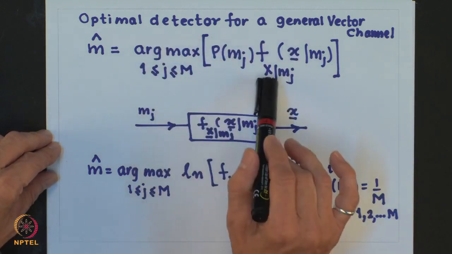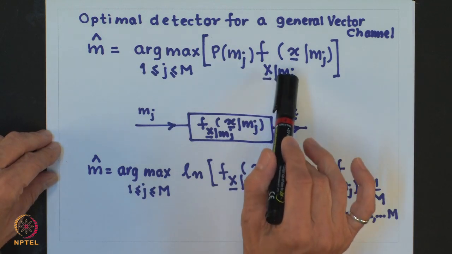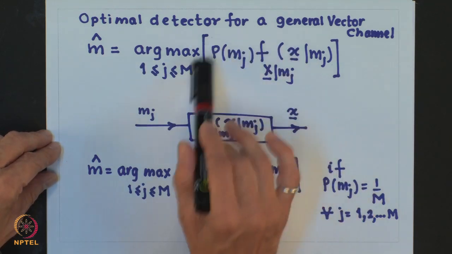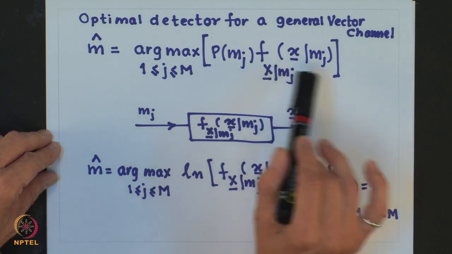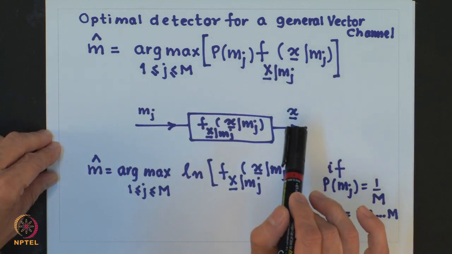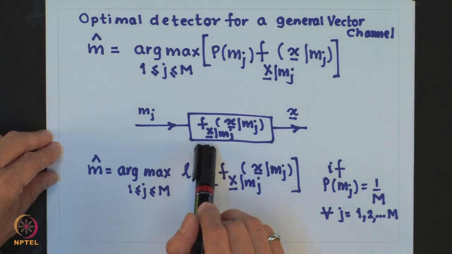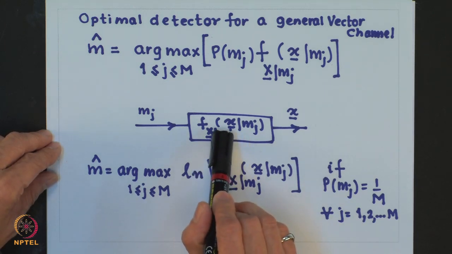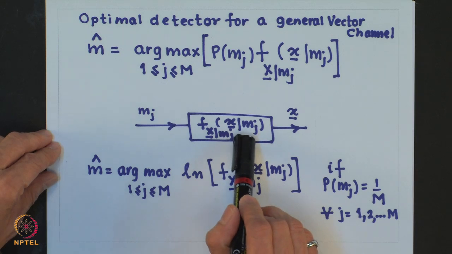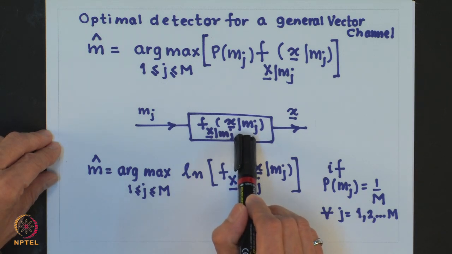So, this derivation of the MAP detector is very general, and it is applicable for any general vector channel. The specification is only in terms of the conditional PDF of the observed vector given that you have transmitted message m_j.